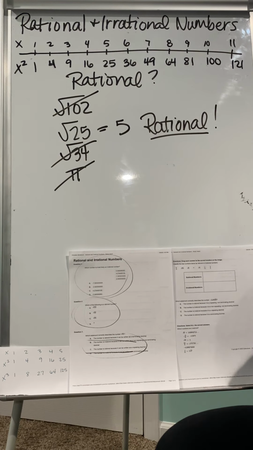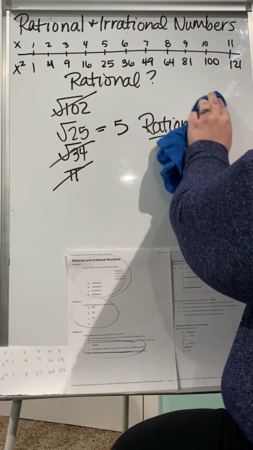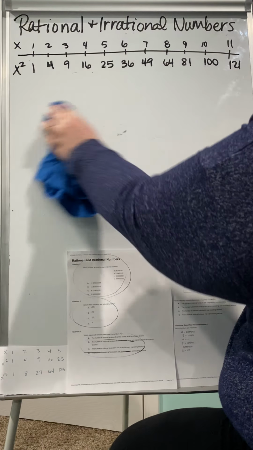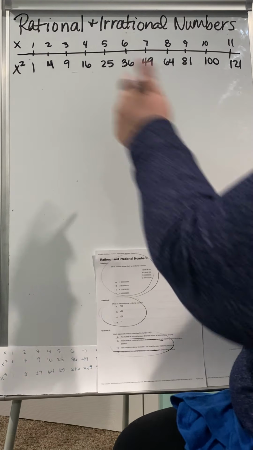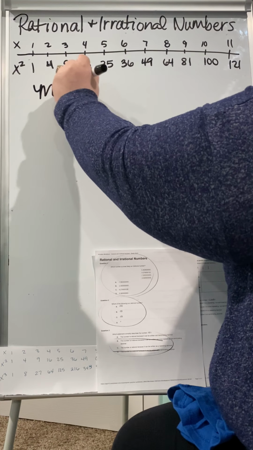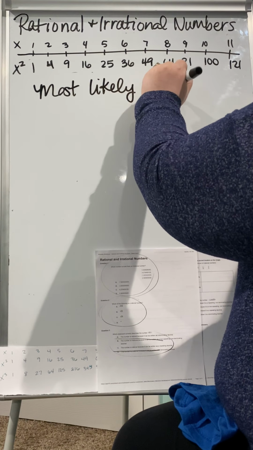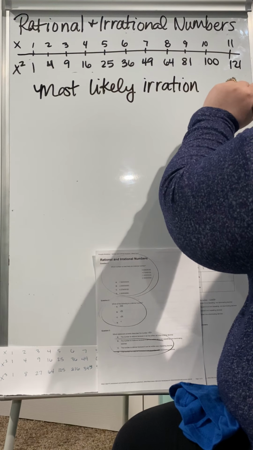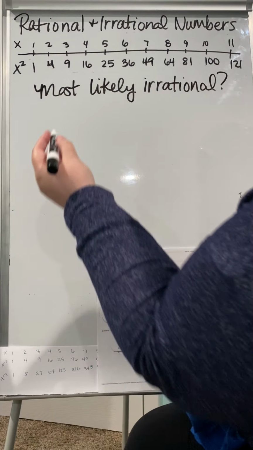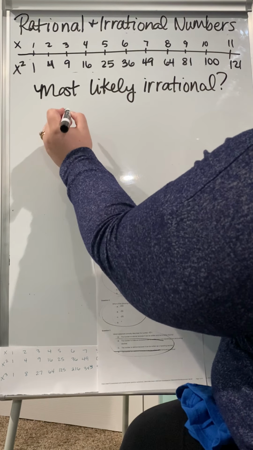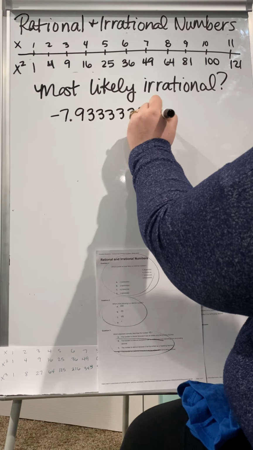All right. Alrighty. I'm going to throw another example up here. This time, instead of looking for rational, we're going to look for an irrational. So here we go. Which one of these numbers is most likely irrational? Negative 7.9333333, and so on and so on.